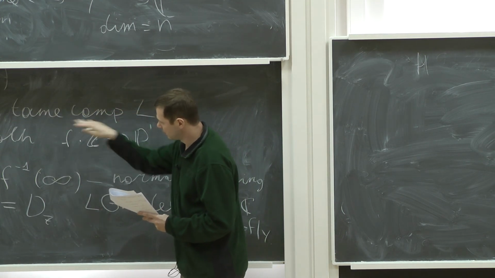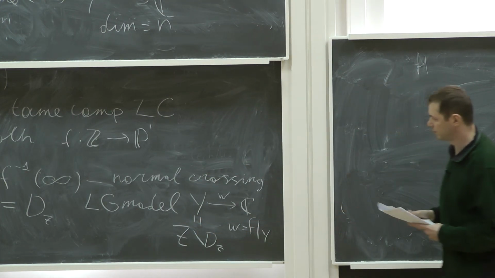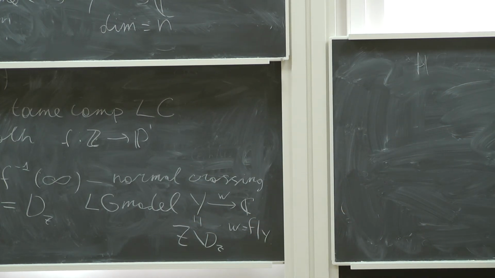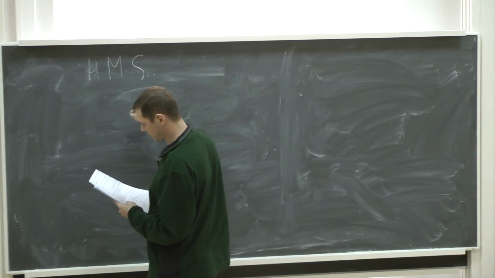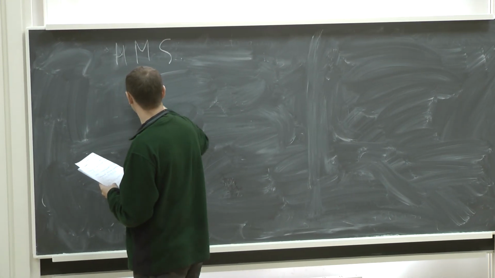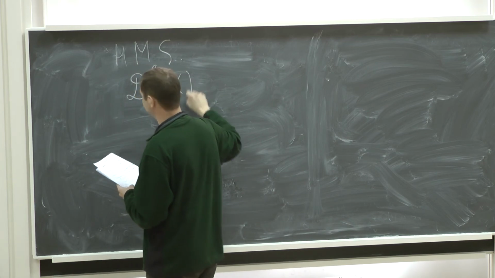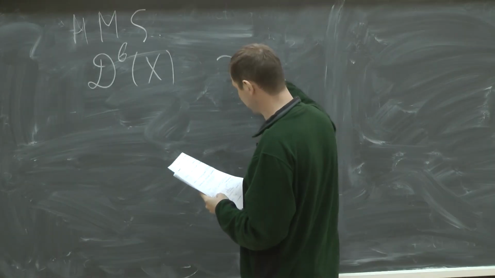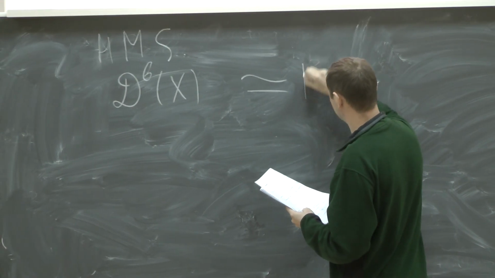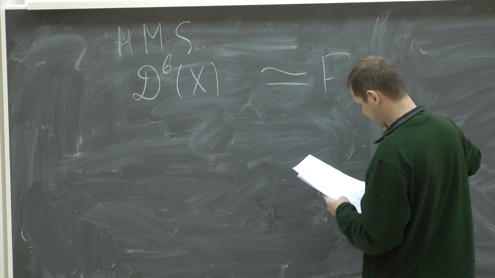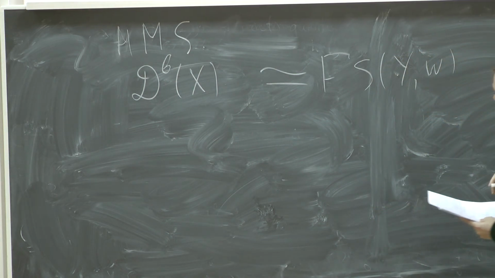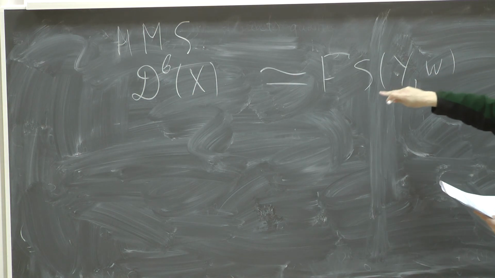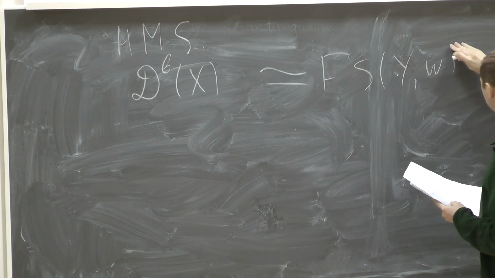We just consider a good family of Calabi-Yau varieties. One of the versions of homological mirror symmetry states that the derived category of coherent sheaves on our X should be equivalent to the Fukaya-Seidel category, whatever it means, of the dual Landau-Ginzburg model.